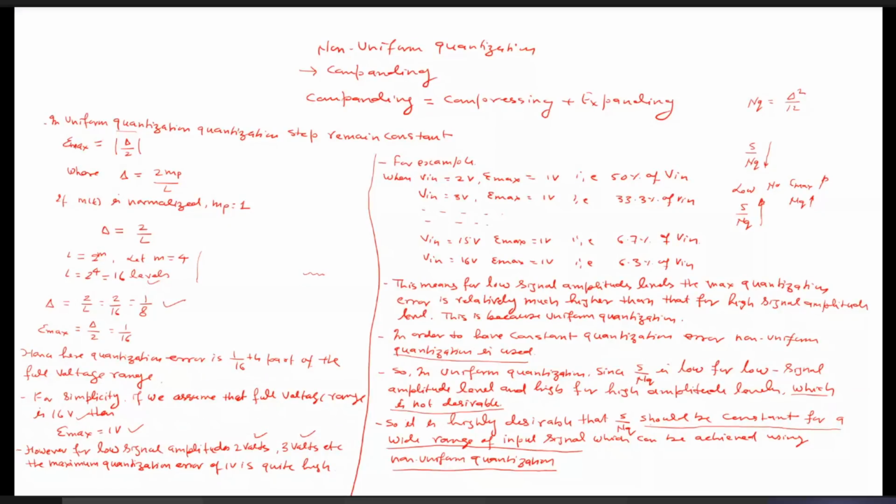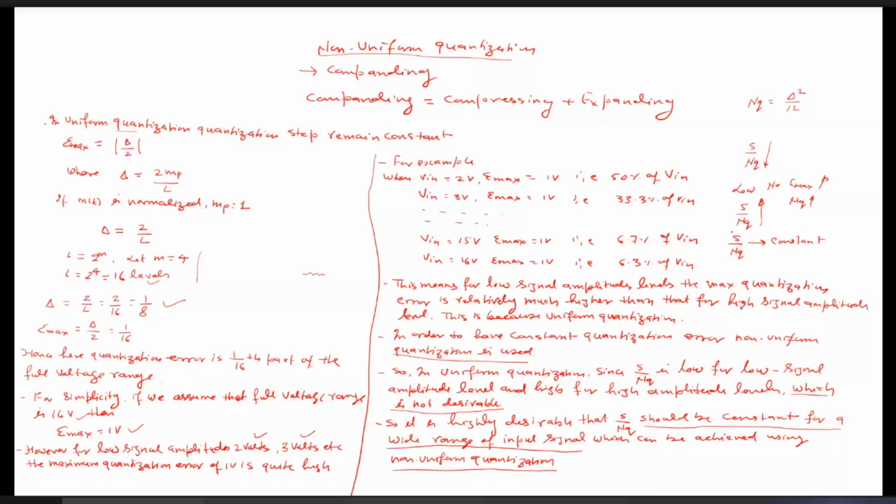Rather, it is preferred to have a high value of the signal to quantization noise ratio, whatever the value, but it should remain constant throughout the quantization levels. It is highly desirable. So to get a constant signal to quantization noise ratio throughout the quantization process, we prefer to go for non-uniform quantization. This is the main reason.